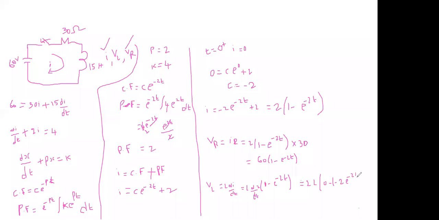The derivative of e power minus 2t is minus 2 e power minus 2t. Then finally we get 2L, minus of minus plus, into 2 e power minus 2t.